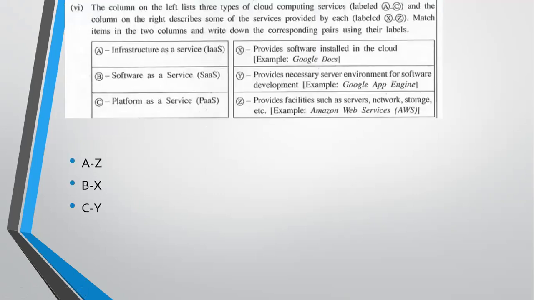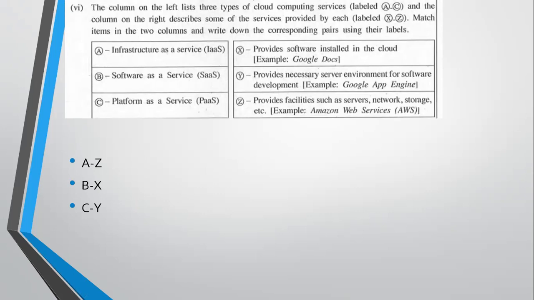Shall we move to the sixth one? Here it is a very interesting part of the lesson, cloud computing. In cloud computing, there are infrastructure as a service, software as a service, and platform as a service. And what are the examples of each?